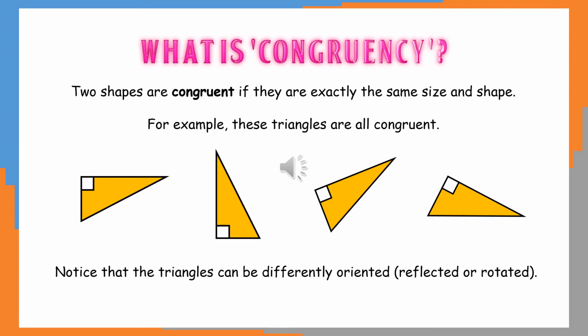Why are they all congruent? Because they have exactly the same size and the same shape. Even though they are differently oriented, reflected or rotated, they have the same size and the same shape, so we can call these triangles congruent.